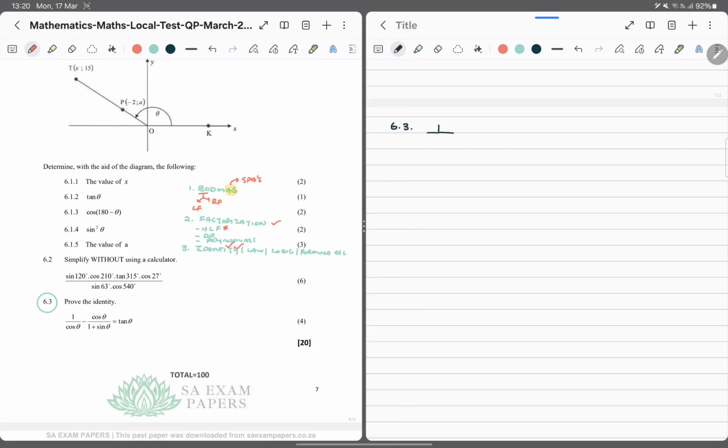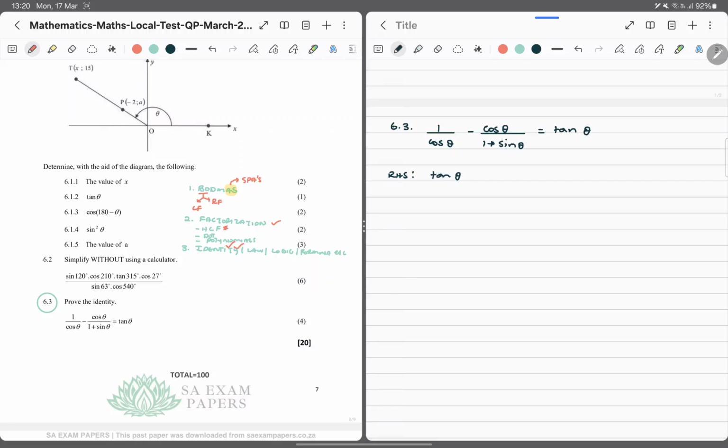So we have 1 over cos theta minus cos theta over 1 plus sine theta is equal to the tangent of theta. Okay, so now we decided we're going to take the right hand side. Now this is a very ambitious move. Please don't do it in the exam, guys, but do it now that I've shown you how it's done.